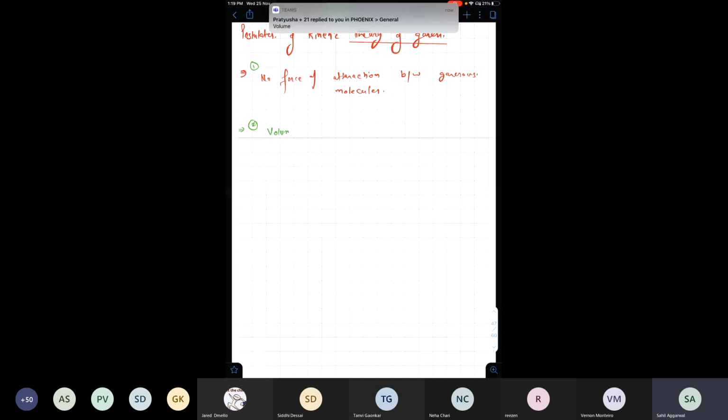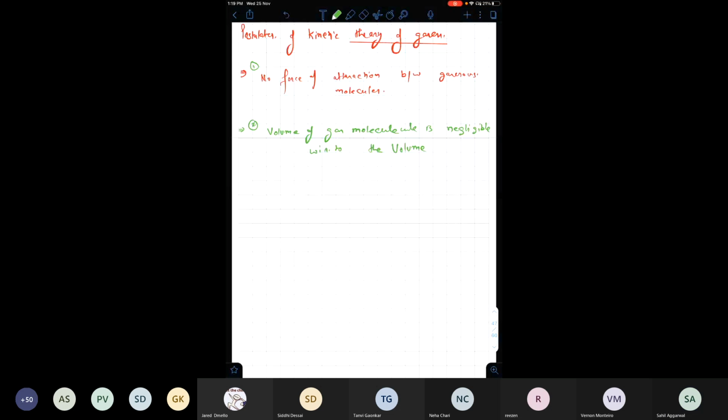Volume of gas molecules is negligible with respect to the volume of container. Okay.